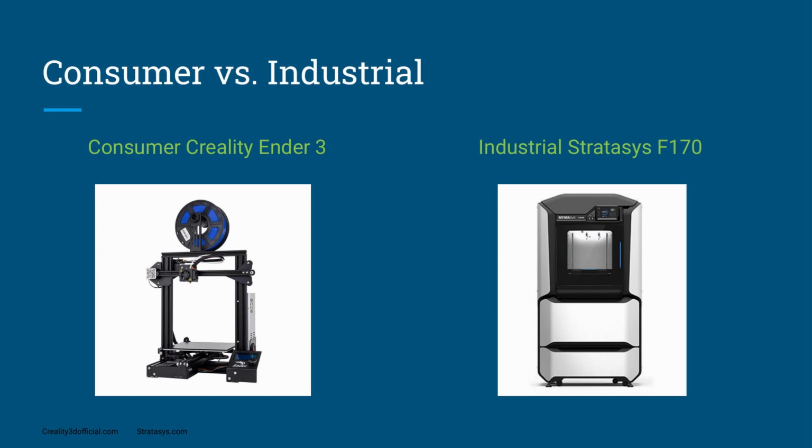On the right, you can see an industrial 3D printer called a Stratasys F170, and that is a huge machine. It's the size of a refrigerator pretty much, and that is super expensive, meant for industrial applications, commercial grade 3D printing. They make really great objects, but those are just way outside of our consumer range for right now.